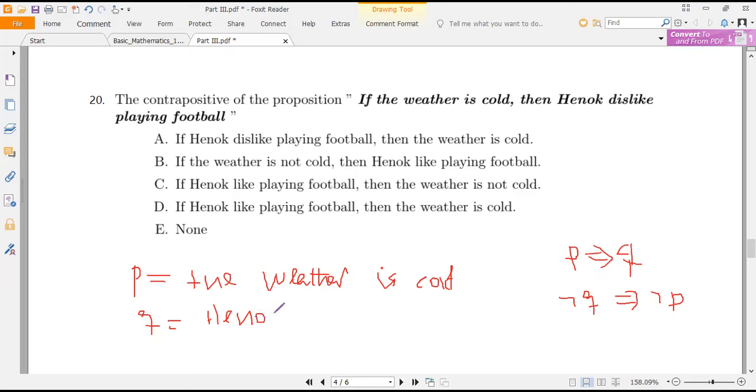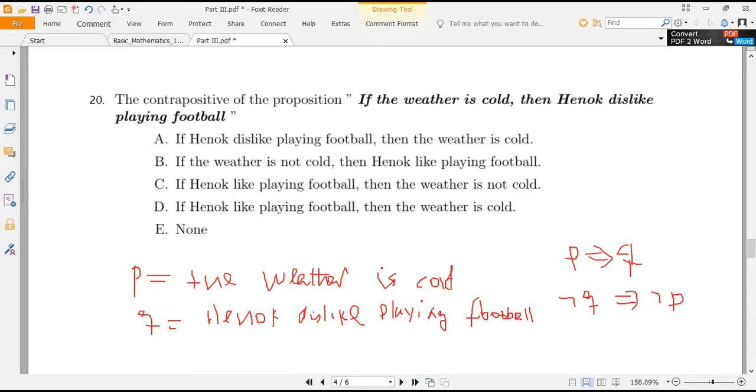We can take the full statement: Enoch dislikes, but dislikes is just the negation of like. Enoch dislikes playing football.